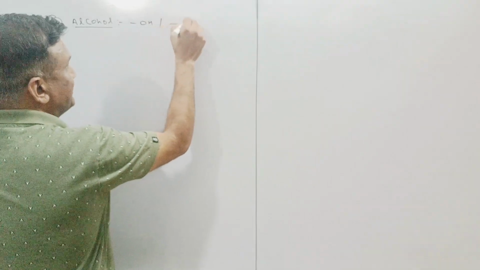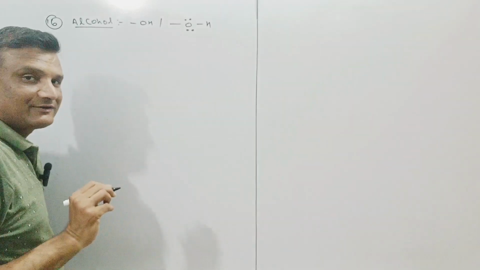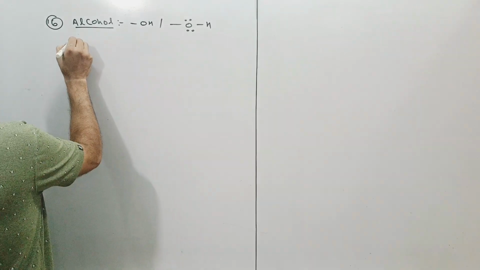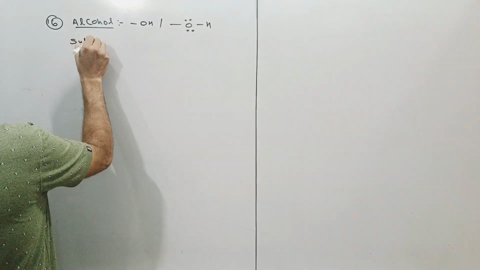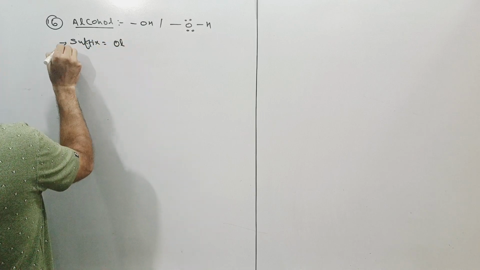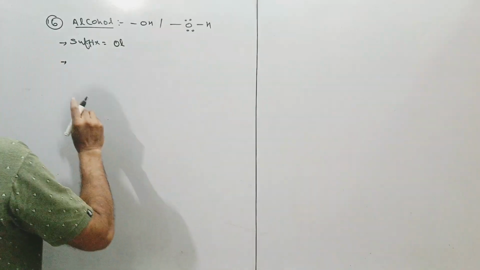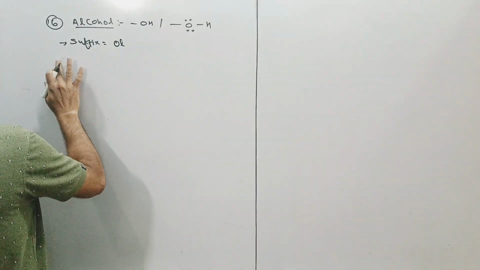It can be represented as follows: oxygen has 2 lone pairs of electrons. If I go with the suffix, then the suffix of alcohol is -ol.